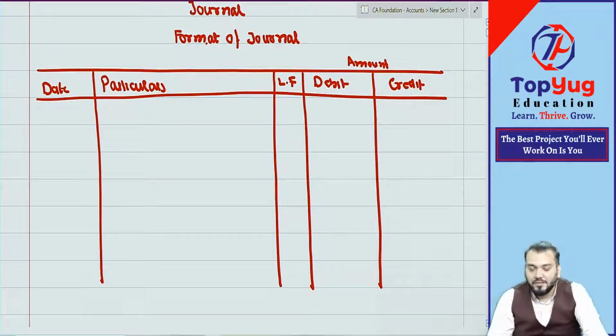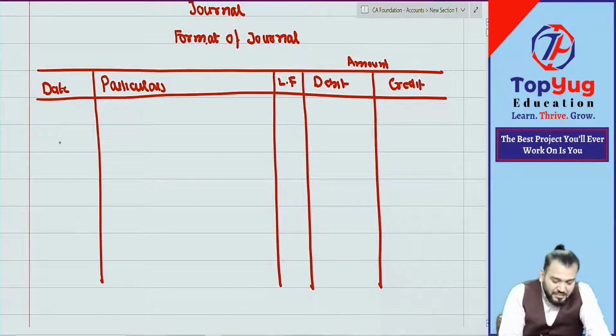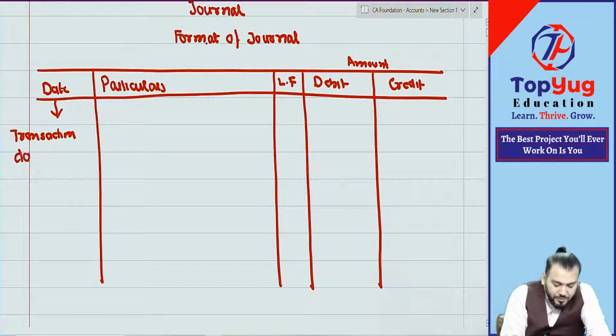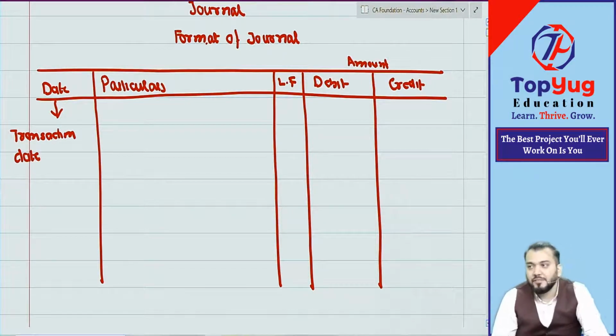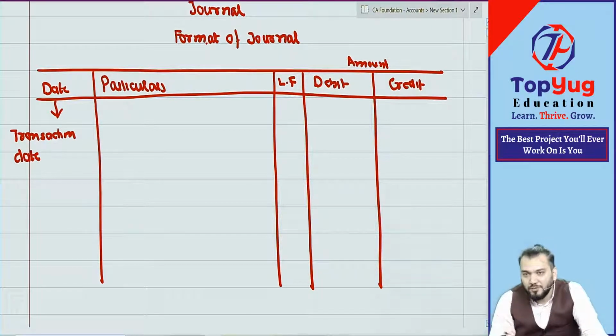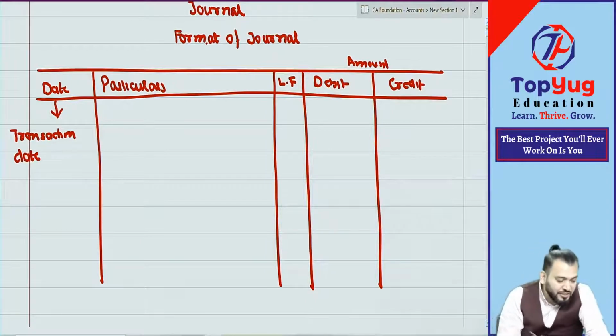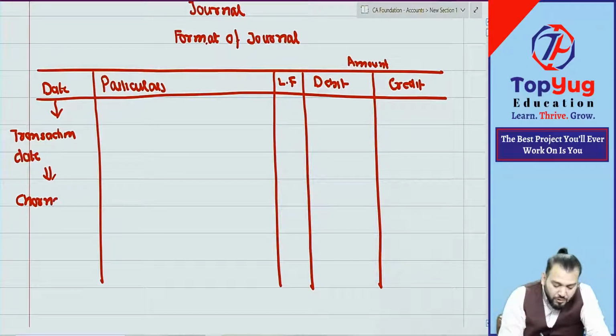Now, let us understand one by one. Date is the transaction date. We write down the transaction date, meaning when the transaction has occurred. This date will follow chronological order.